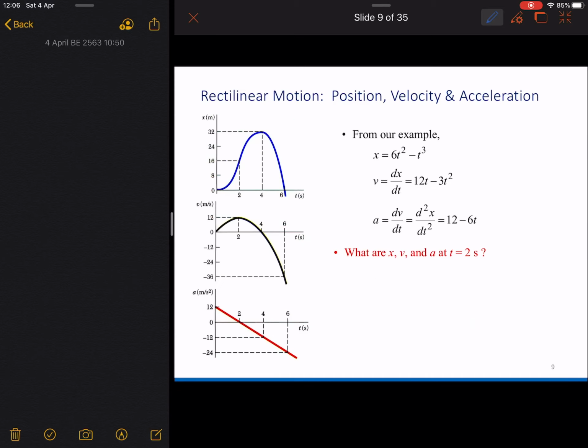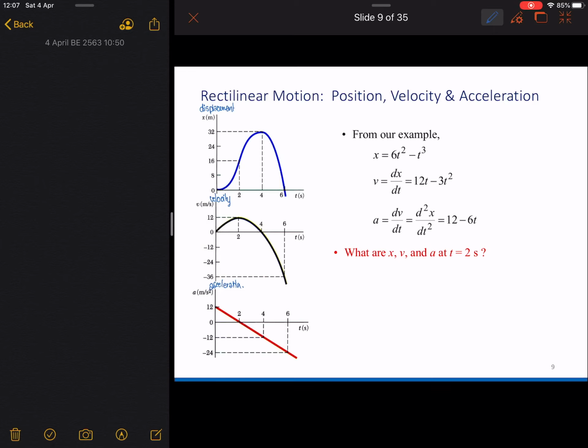And then if you overlay the displacement, velocity, and accelerations, you can see that those three are related to each other, right?